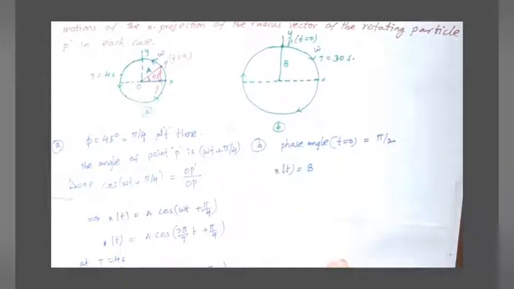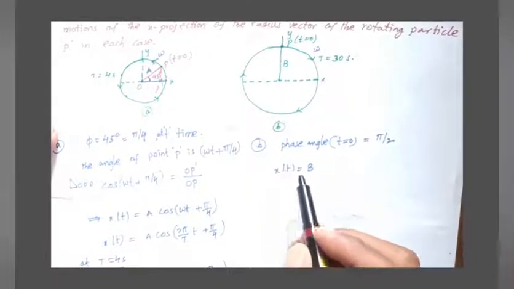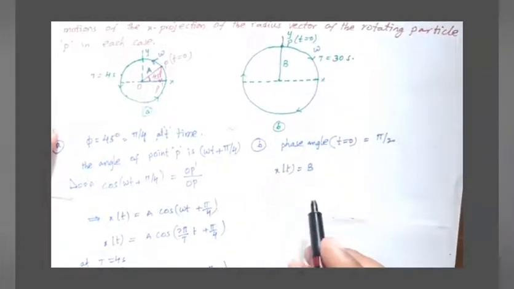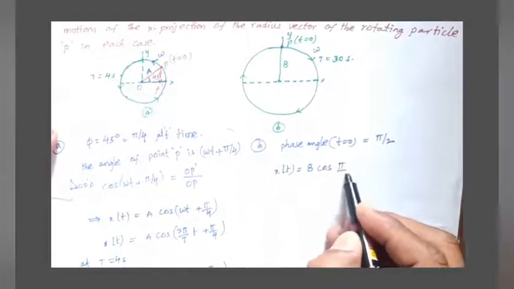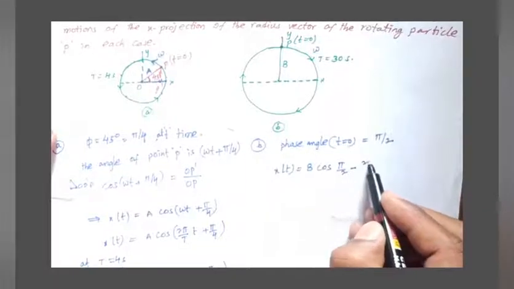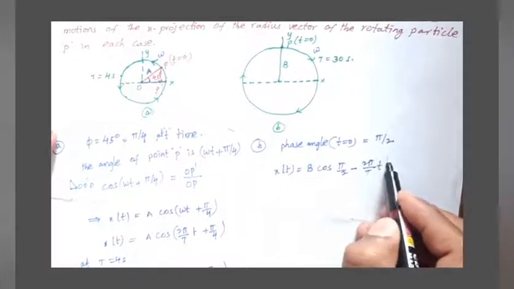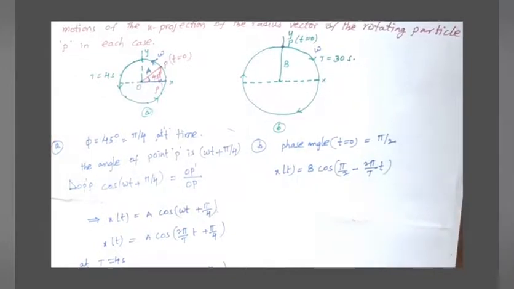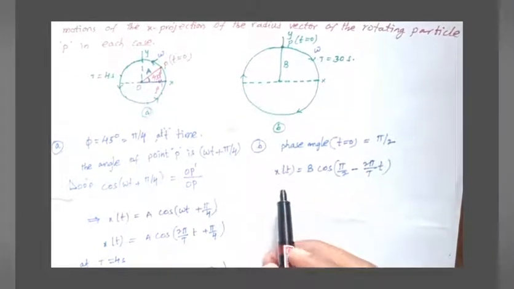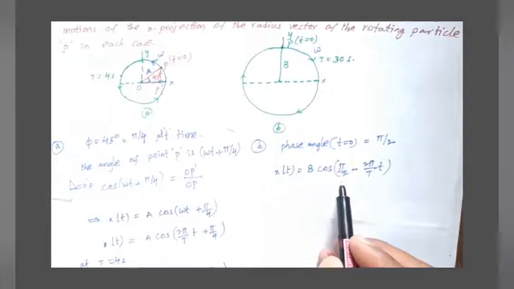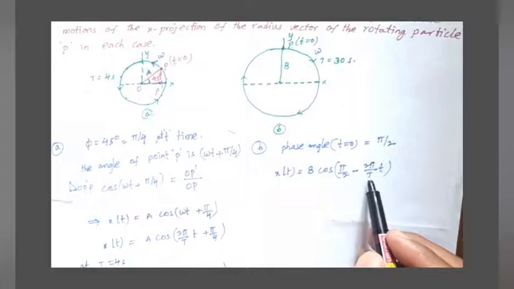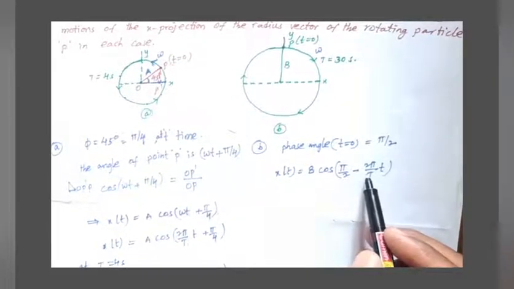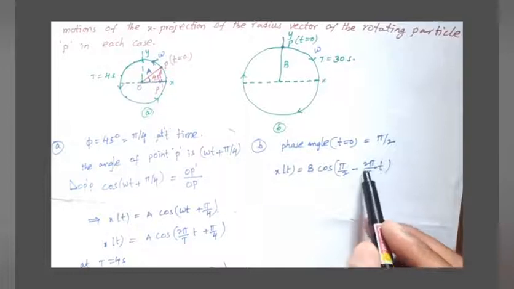So the displacement along the x direction is x of t equals b cos of pi by 2 minus 2 pi by capital T into small t. This is b cos of pi by 2 minus omega t, where omega is 2 pi by T.